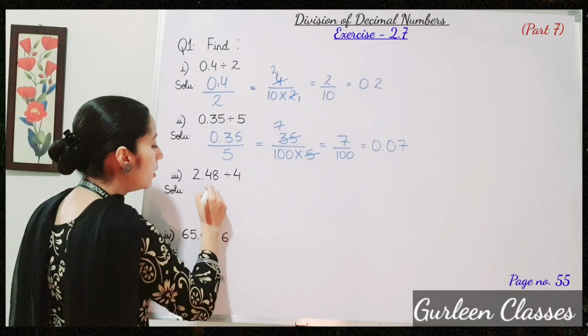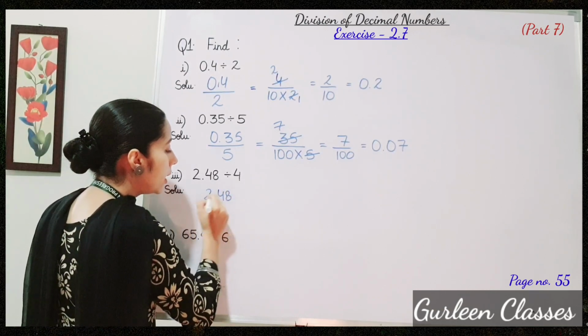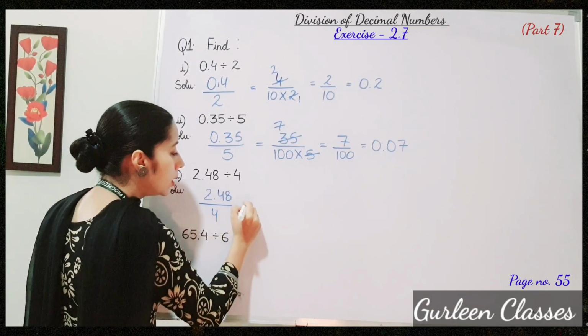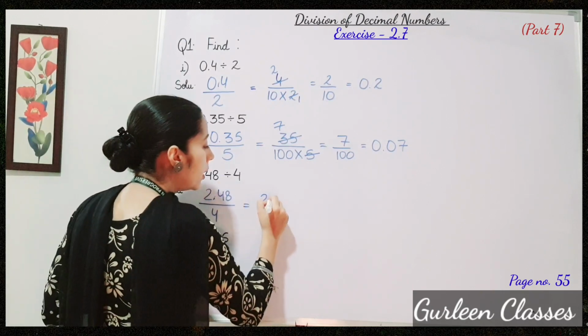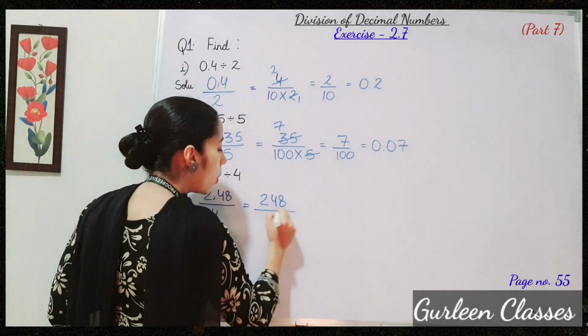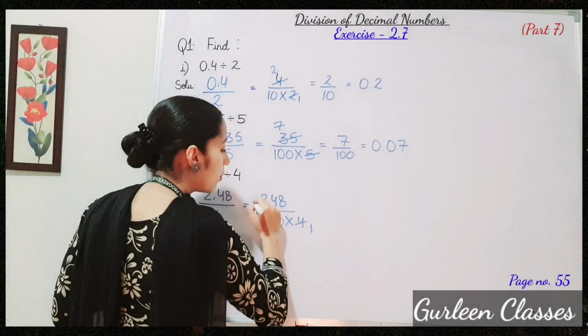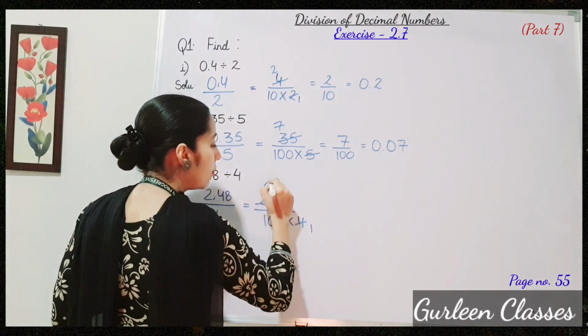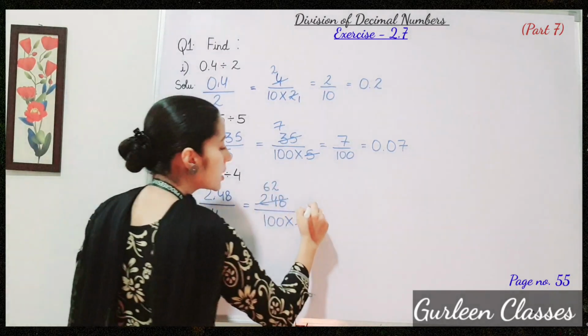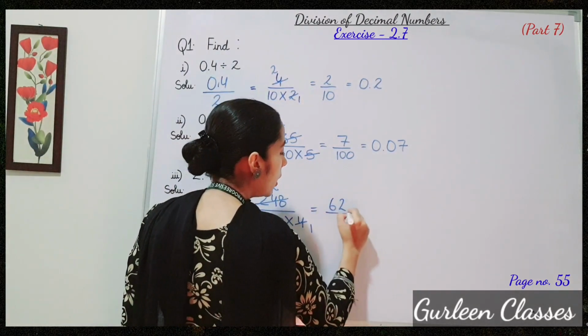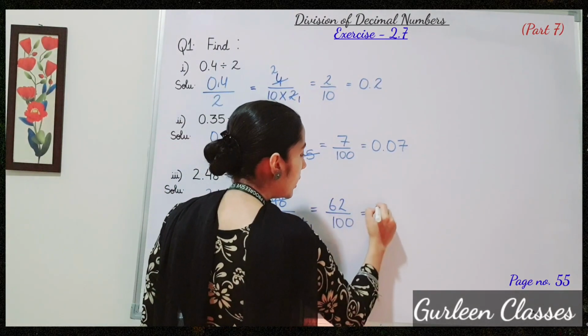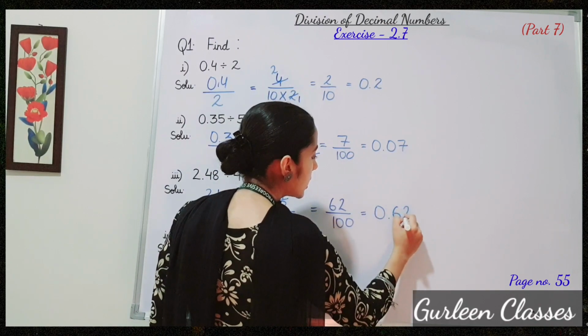So ignore the decimal point. 248 upon 100 into 4. 4 ones are 4. 4 sixes are 24. 4 twos are 8. So it is coming 62 upon 100. So write in decimal 0.62.